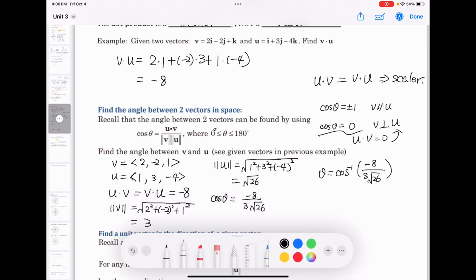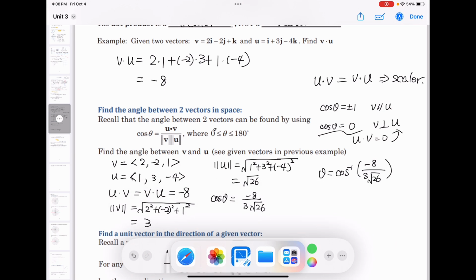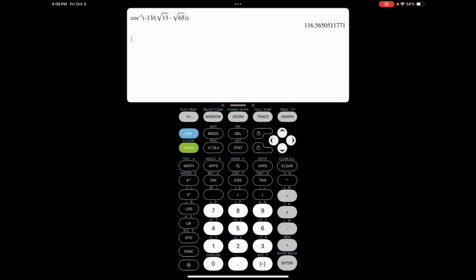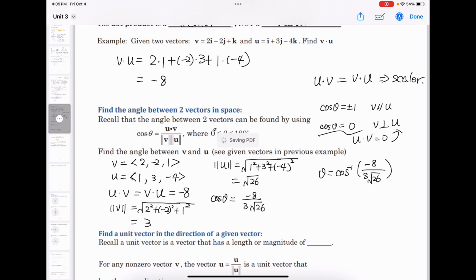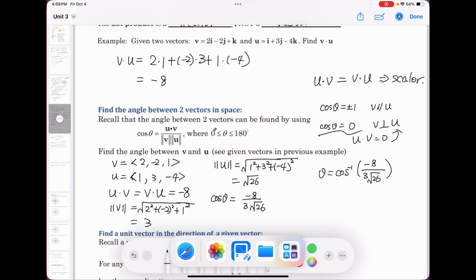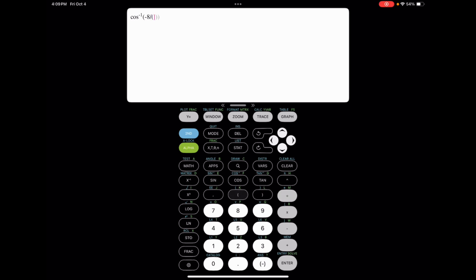So let's input this in the calculator. Let's find second cosine. On the top is -8, yes. -8 divided by, in parentheses, 3 times the square root of 26, and then close the parentheses.